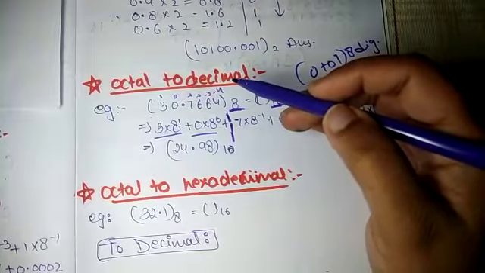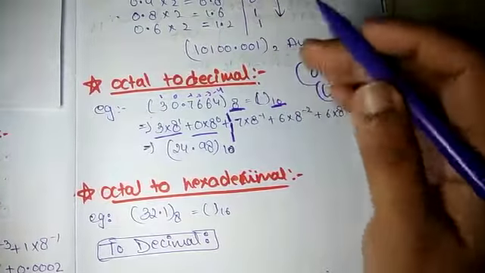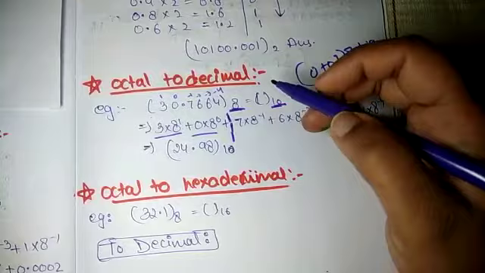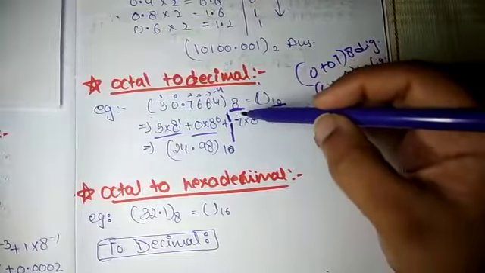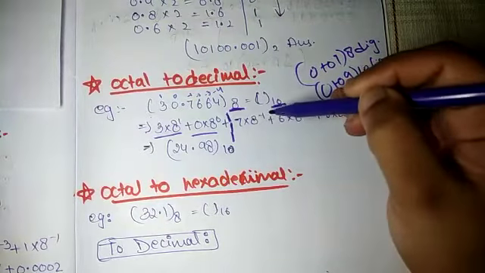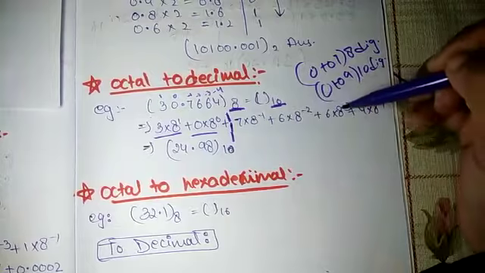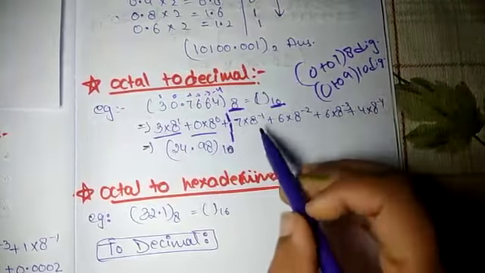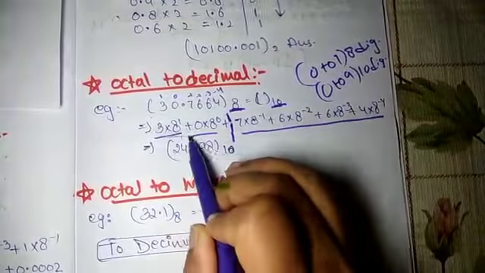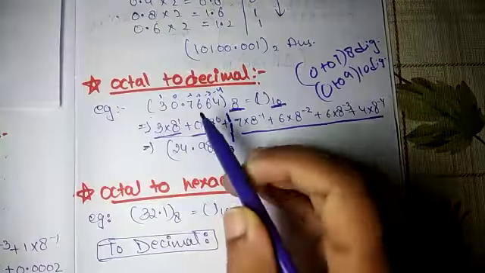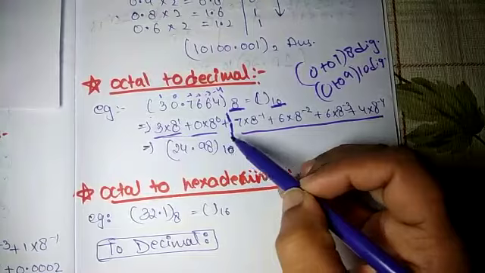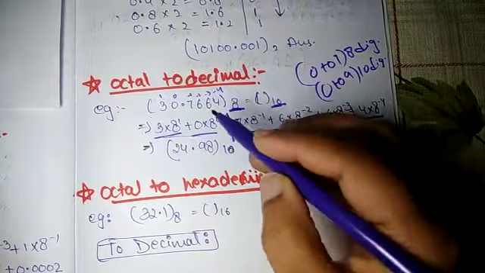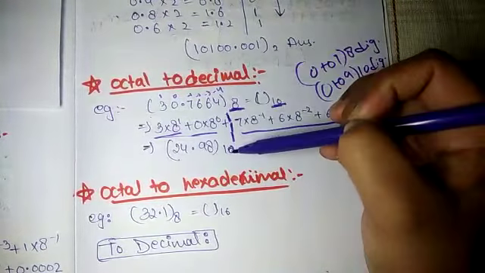It is not necessary to mark it in the exams. After that we have 7 into 8 power minus 1, 6 into 8 power minus 2, 6 into 8 power minus 3, and plus 4 into 8 power minus 4. After adding all these digits, we get 24.98 base 10. So this is the octal to decimal conversion.